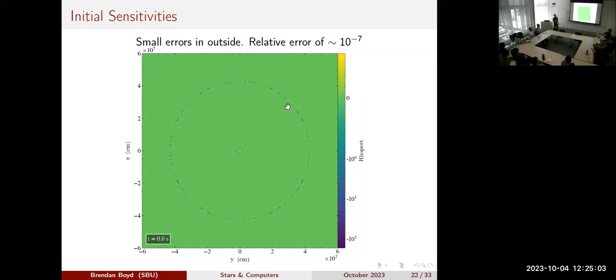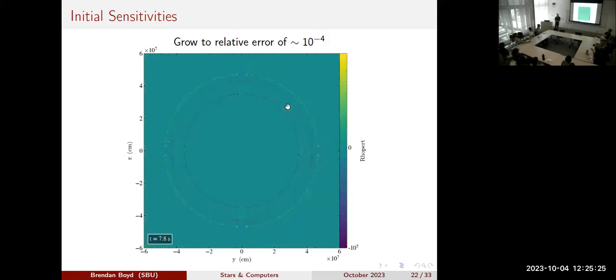So this is looking at the difference between the density we expect and the density that we mapped onto our grid. Most places it's 0, but we have this outer ring with really small errors. This is a relative error of 10 to the minus 7. So this shouldn't cause any issues.